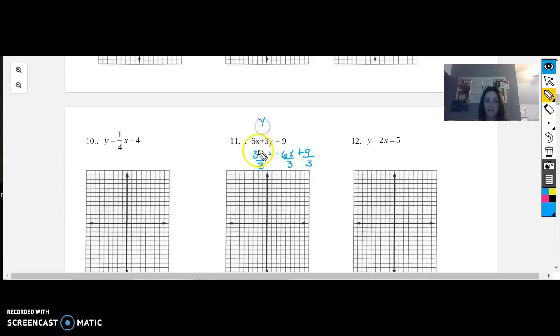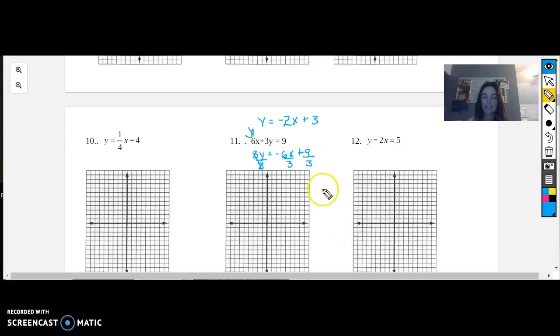And I'll be left with y equals negative 2x plus 3. And that's the y equals mx plus b format of this equation. So from standard form to y equals mx plus b.